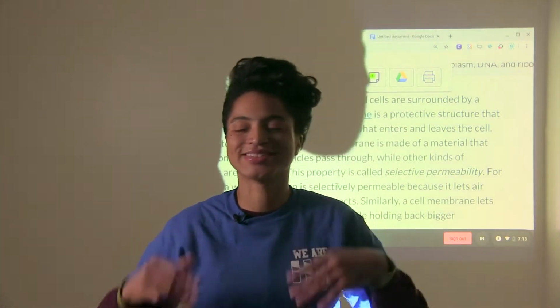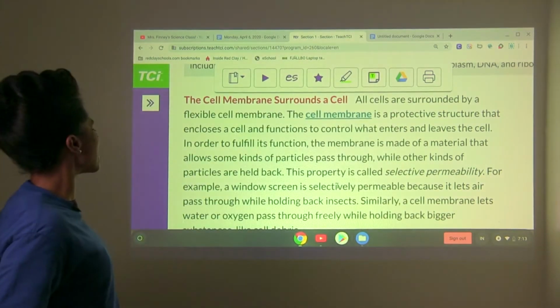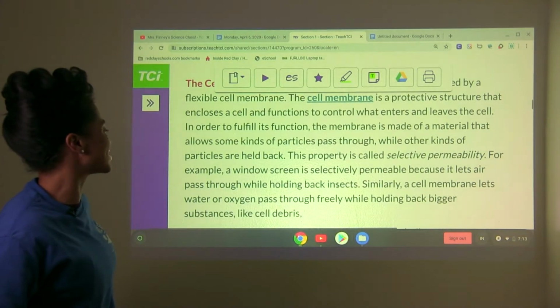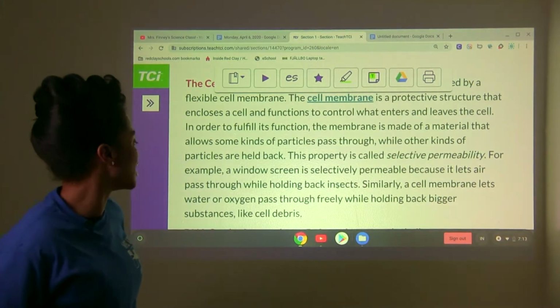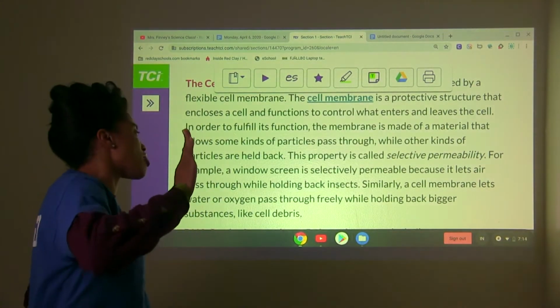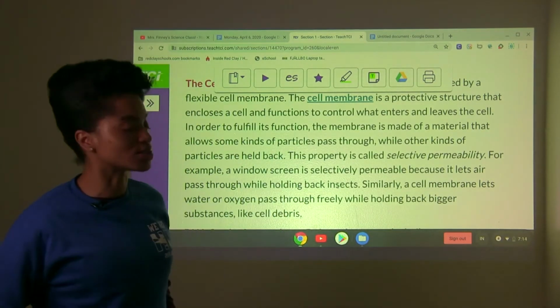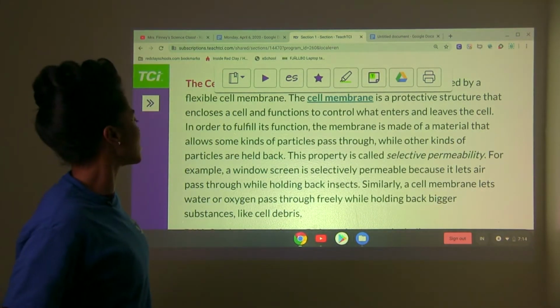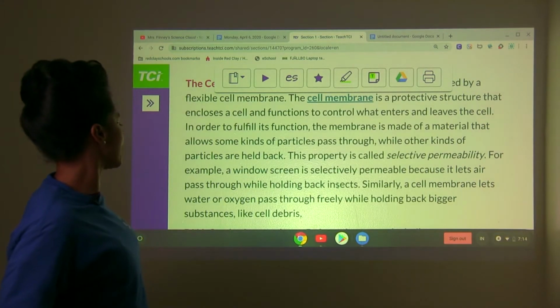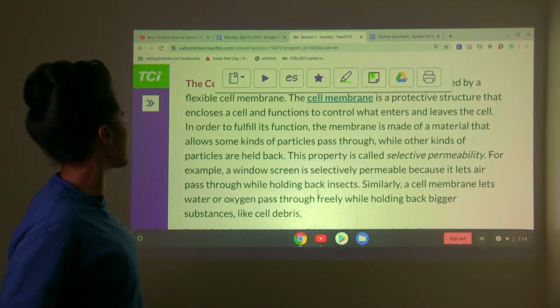Something like that, all right? Hope that works. For example, a window screen is selectively permeable because it lets air pass through while holding back insects. So glad about that. Similarly, a cell membrane lets water or oxygen pass through freely while holding back bigger substances like cell debris.